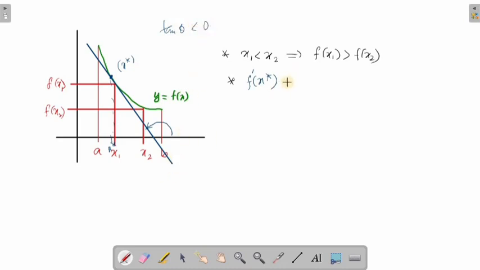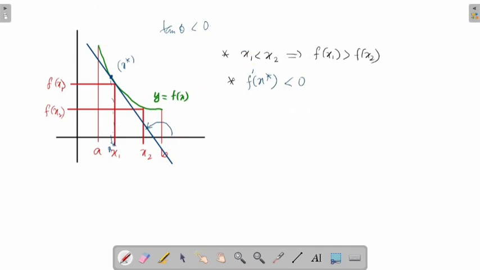Tan theta gives you the slope, isn't it? So that means the slope will be less than 0. So whenever you have a slope less than 0, it means that the function is decreasing.